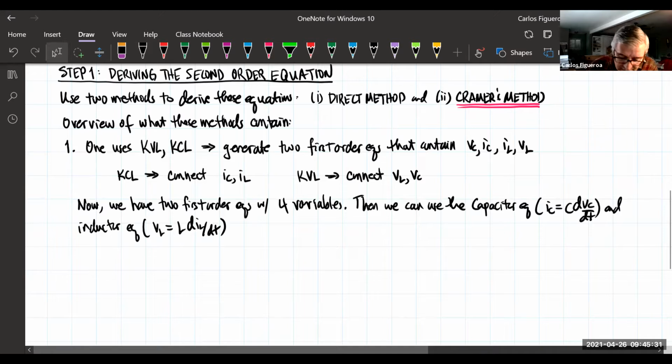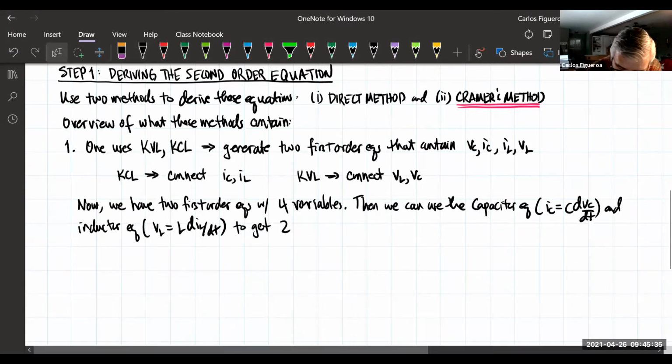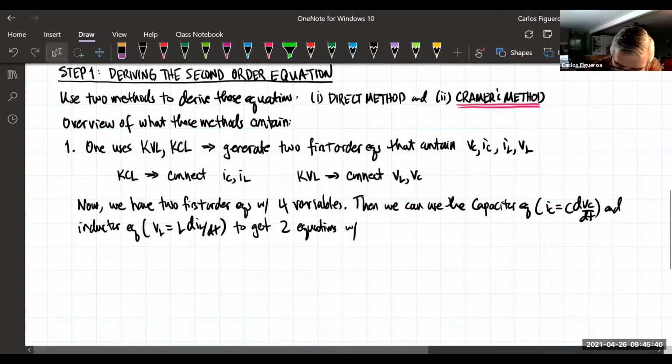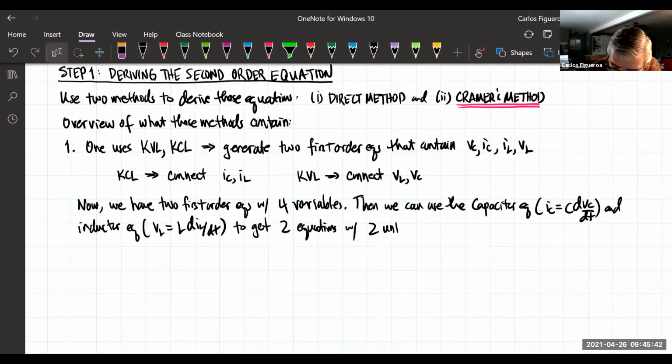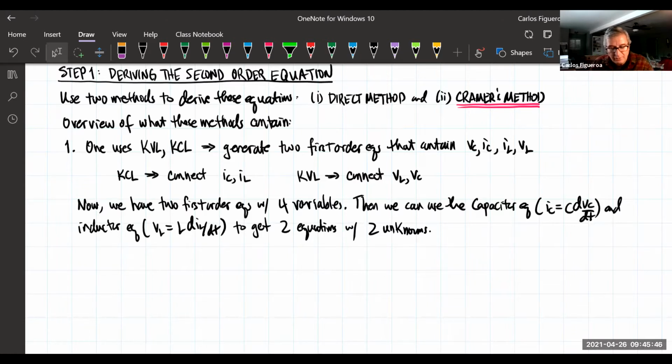We can then use these to get two equations with two unknowns. So ultimately, we're always trying to take two equations with four unknowns and convert them into two equations and two unknowns.